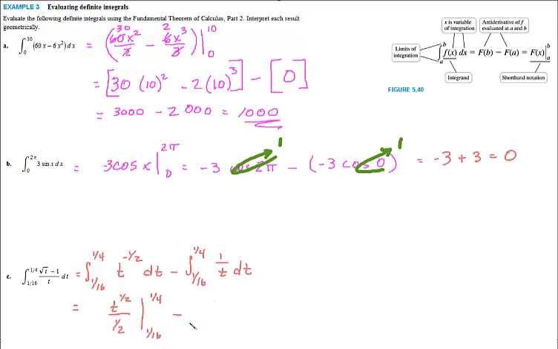That's a natural log. But now I have to make sure that it is not negative, even though in this case what I'm going to plug in is not going to be negative, but that's okay. I'm just emphasizing that here.